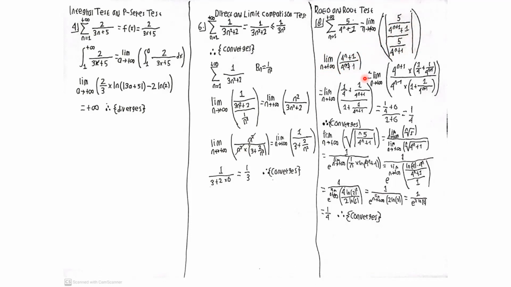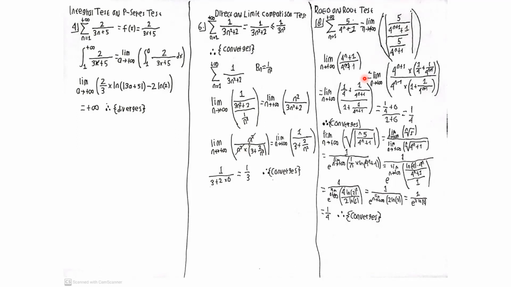Alright. Both the numerator and the denominator are positive for n greater than or equal to 1, so we remove the absolute value in this case.